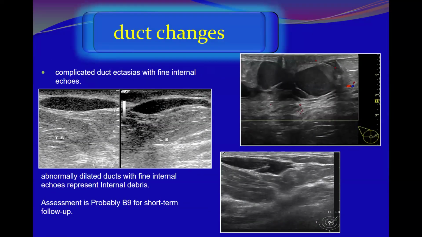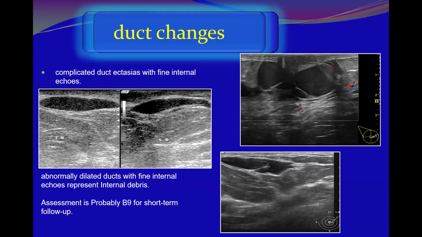This is my patient. Here, there are multiple cases, 3 cases with dilated ducts, okay? But these ducts are lacking fluid filled content due to fine internal echoes.